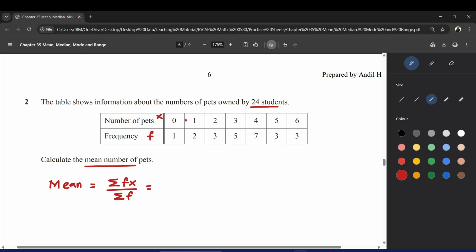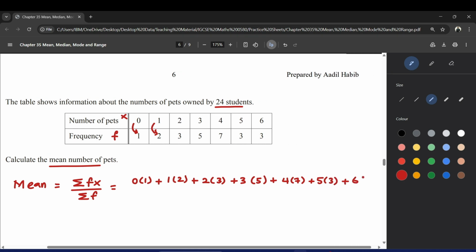So this would be 0 multiplied by 1 plus 1 multiplied by 2 and so on. 2 times 3 plus 3 times 5 plus 4 times 7 plus 5 times 3 plus 6 times 3. The number of students, right? Sigma f is the sum of frequency values, which is 24.